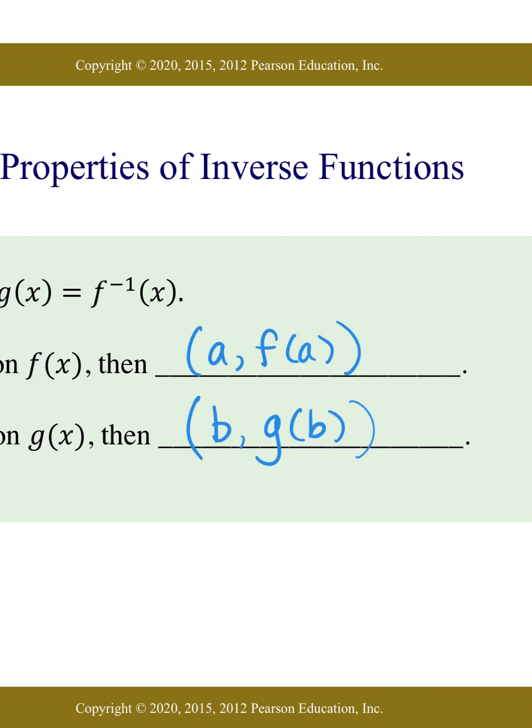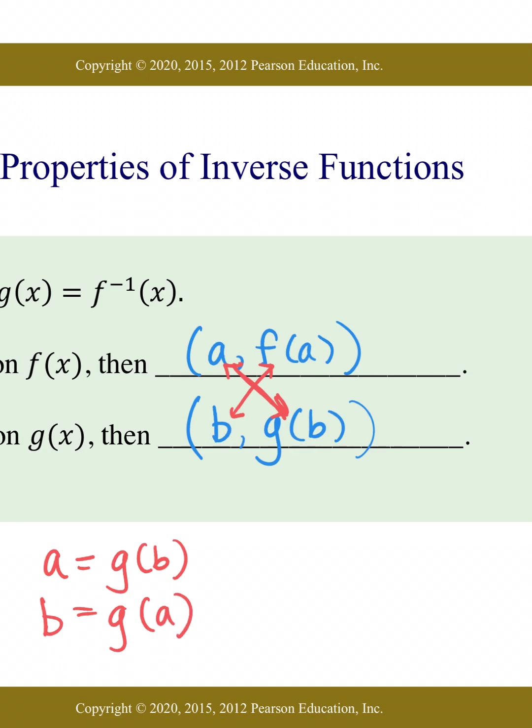G of B. Yes, inverses, these two have to be the same. What else has to be the same? The other way. So we can conclude that A has to be equal to G of B, and B has to be equal to G of A. Understanding that those x and y coordinate terms switch places is going to be really important to doing a derivative.